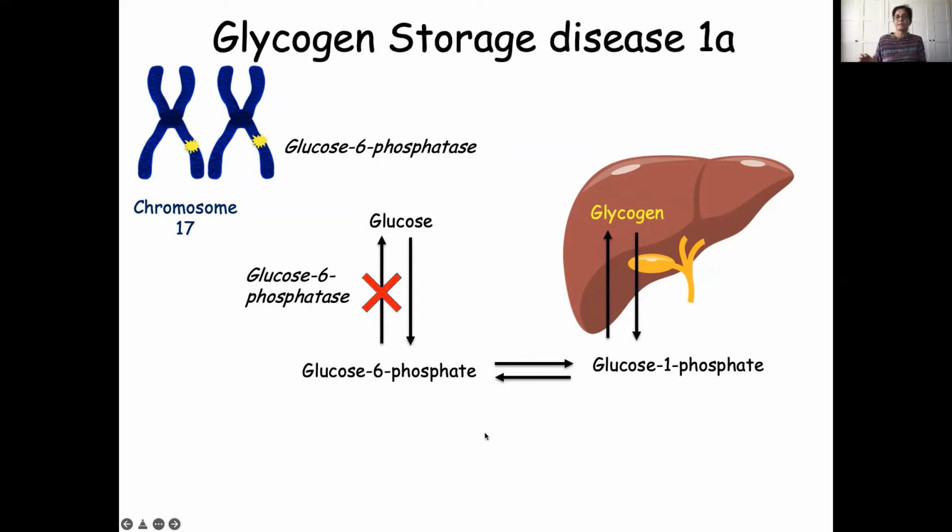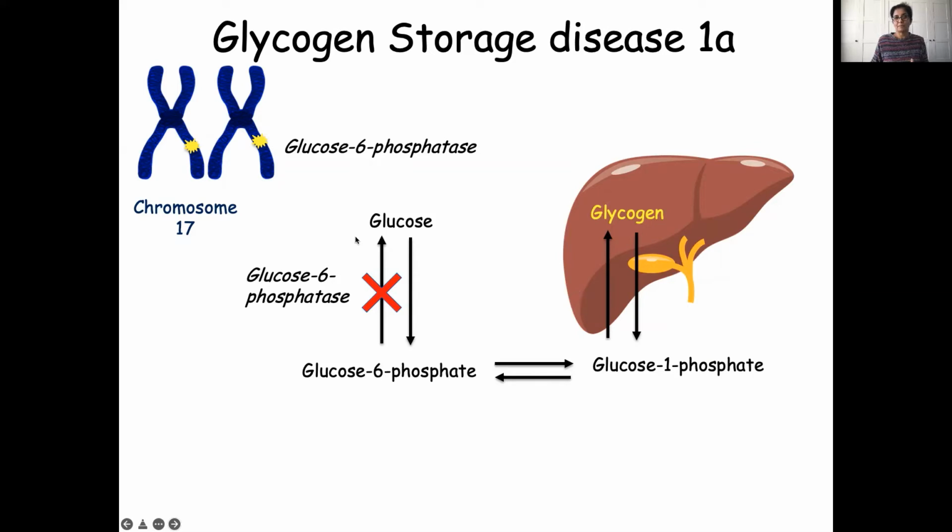What happens in this disease called glycogen storage disease 1A is that there is a mutation in glucose 6-phosphatase. That means if both the chromosomes have got this spelling error, there is not going to be enough glucose 6-phosphatase present. So the protein that is coming off is non-functional. That means glycogen cannot be broken down into glucose.